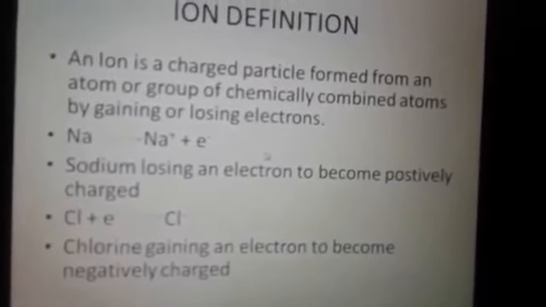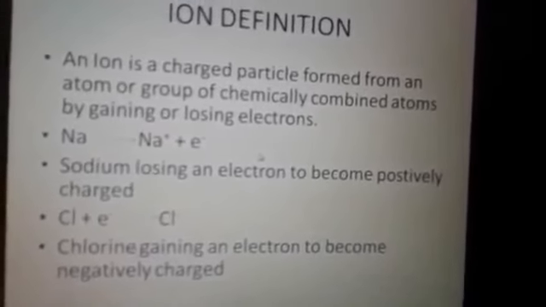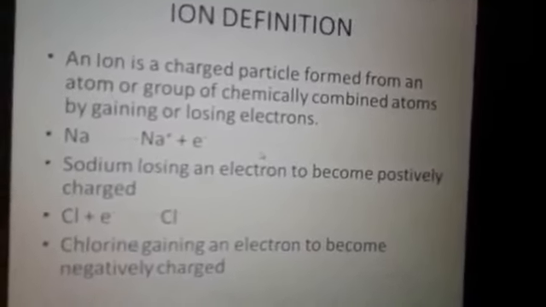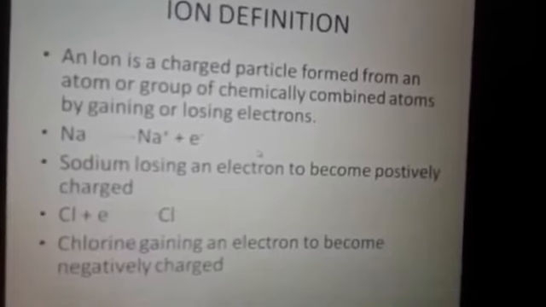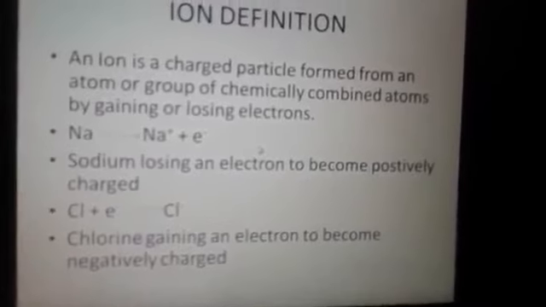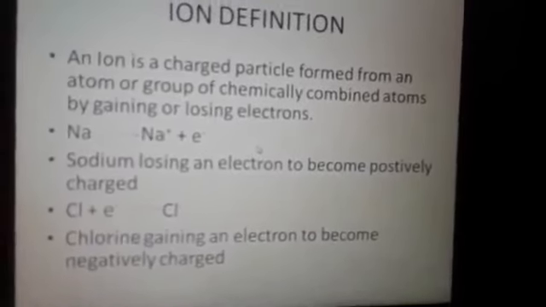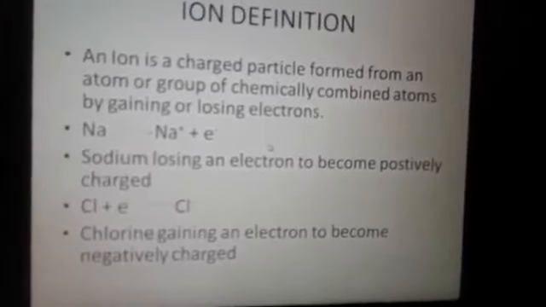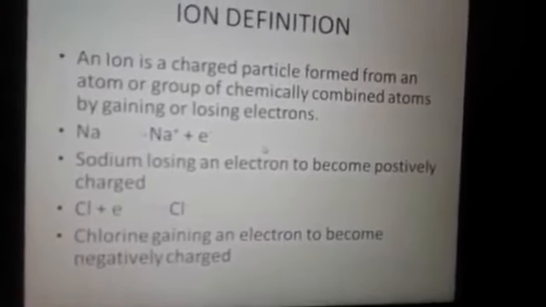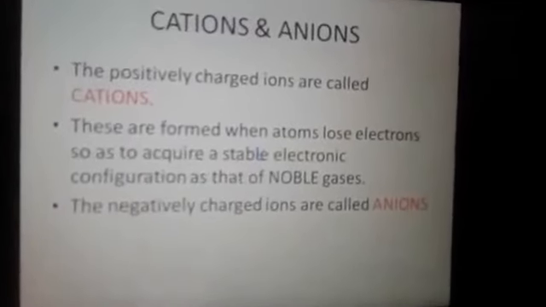If you look at an example of sodium, when it loses an electron, it becomes a positively charged ion. In the case of chlorine, if it gains an electron, it becomes a negatively charged ion. So that's why we are defining the ion like that.